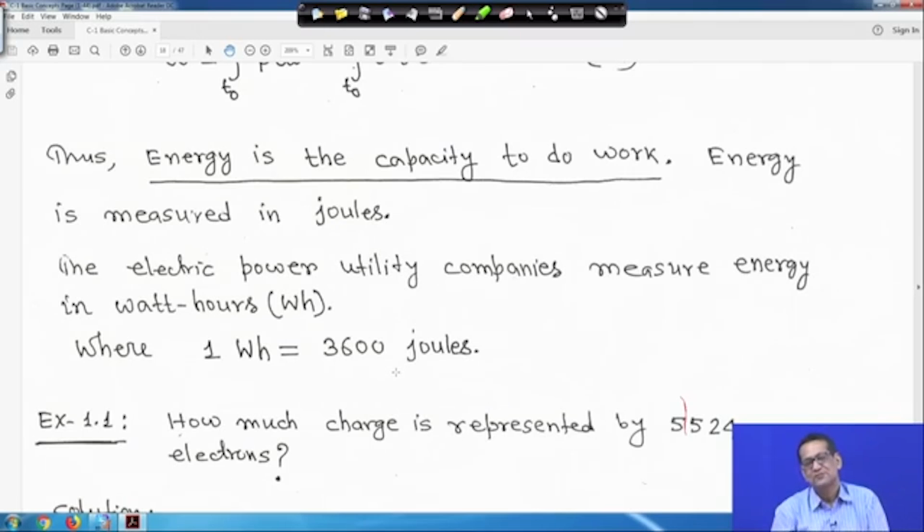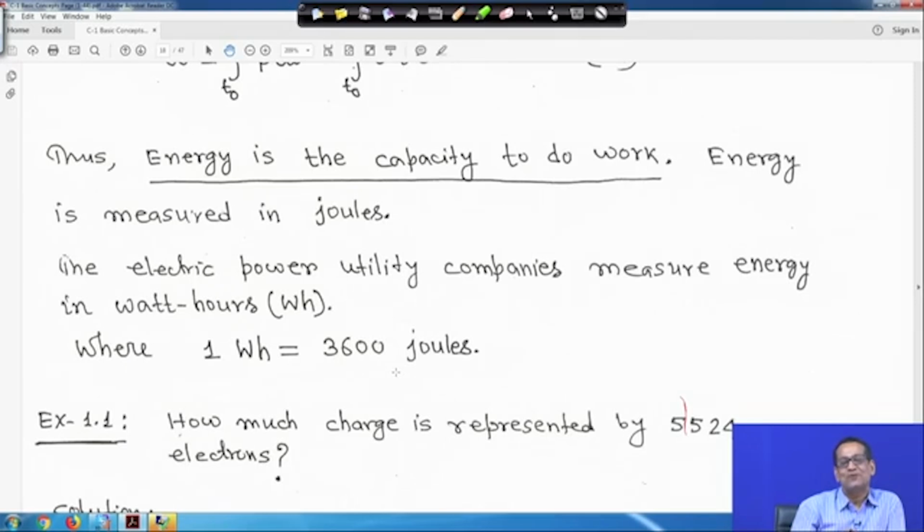Now we will come to a few small examples. Before going to these examples, I hope that up to this point you have understood the basic concepts: the current, the voltage, the power, and the passive sign convention. In the case of power, the plus or minus sign tells whether power is absorbed or delivered.